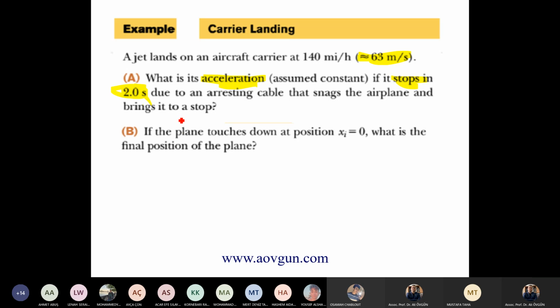So they give you a lot of information. V initial is 63 meters per second i hat. This is a vector. And they said that it stopped, so it means that V final is 0. They give you time is 2 seconds, and they ask you for the acceleration.